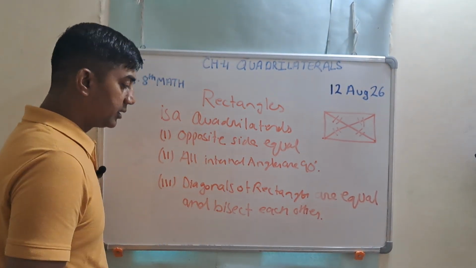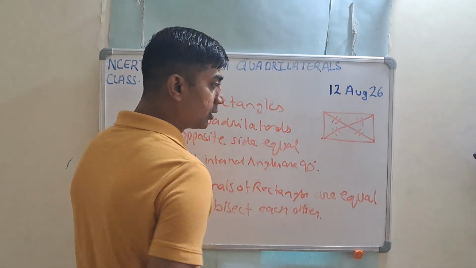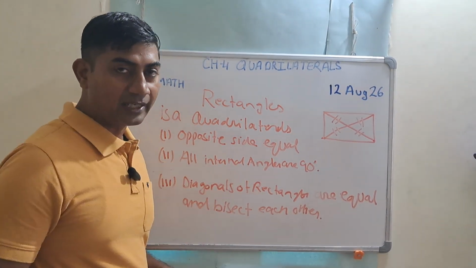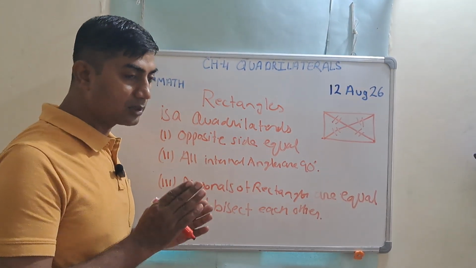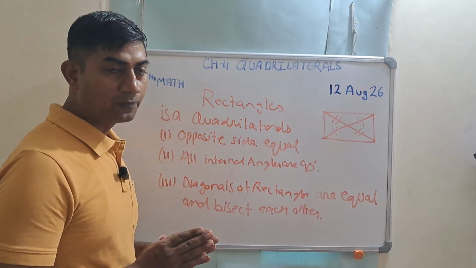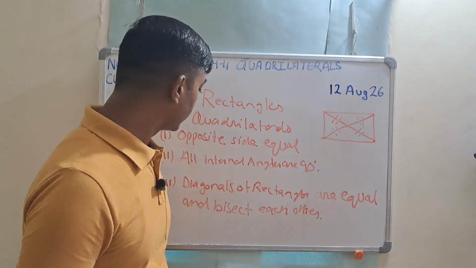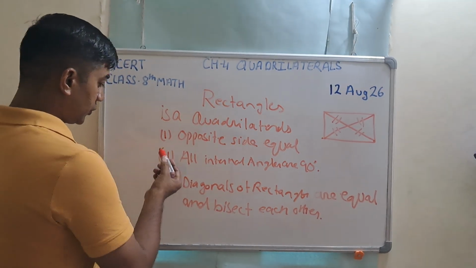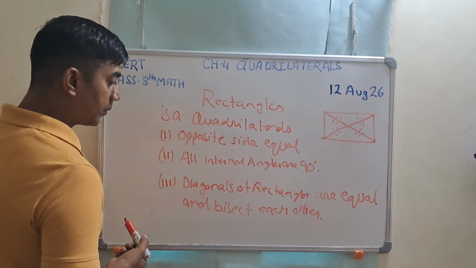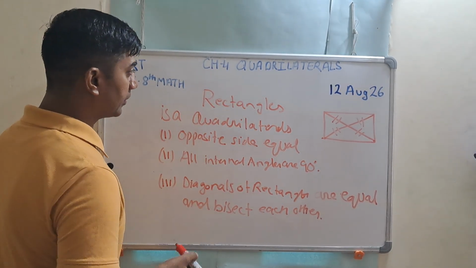What does it mean? When the diagonals are equal, then after bisecting, meaning after dividing the diagonals in half, all the parts are also equal. Understood?